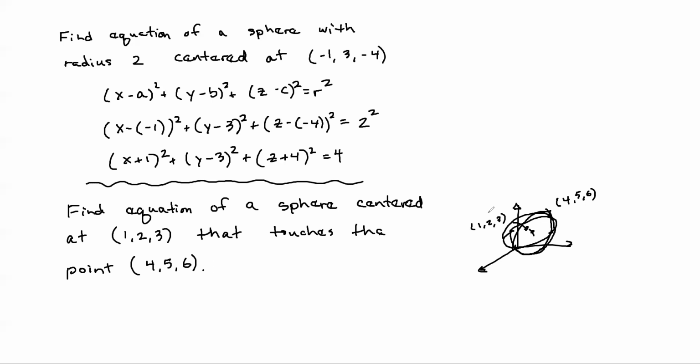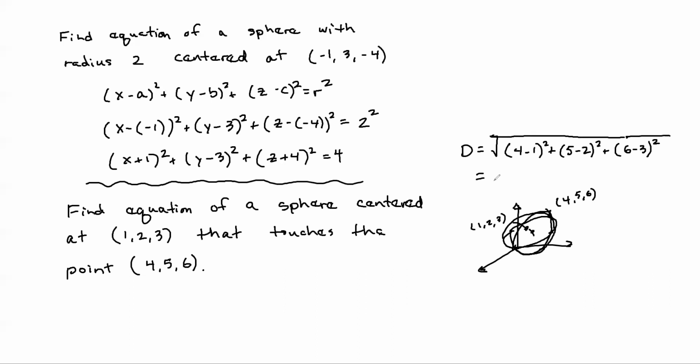Well, if they gave us the center, and they give us the point that is on the outer edge, you could use the distance formula to find the distance between those two, and that would give you the distance between the center and the edge. So that's what we're going to do. We're going to find the distance here, and it'll be the square root of (4 - 1)² + (5 - 2)² + (6 - 3)².